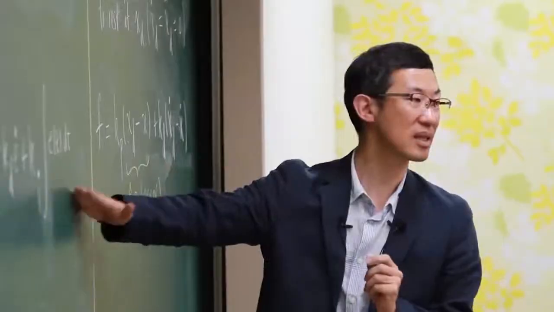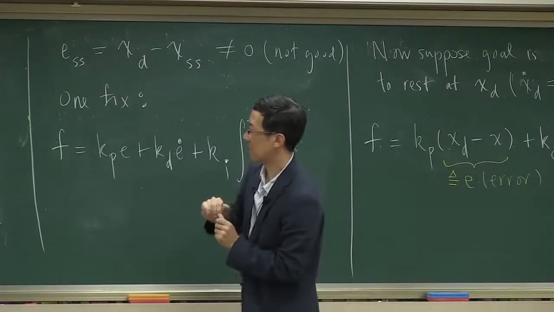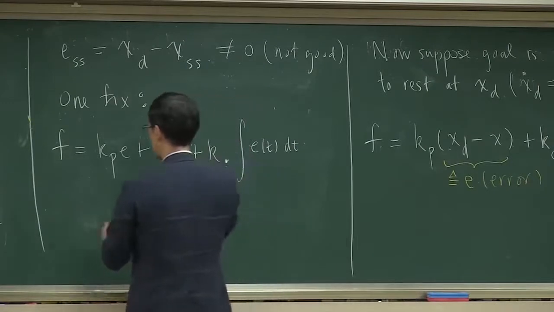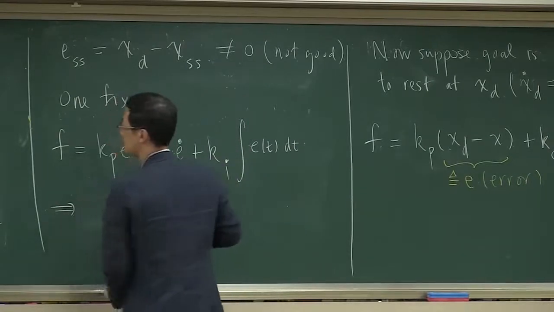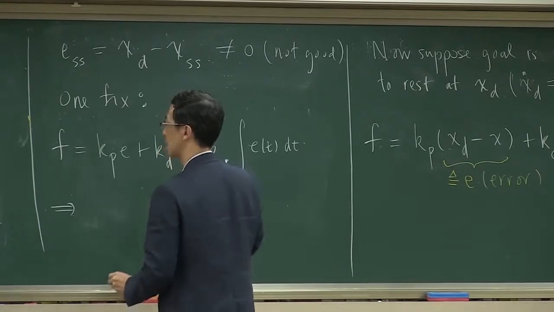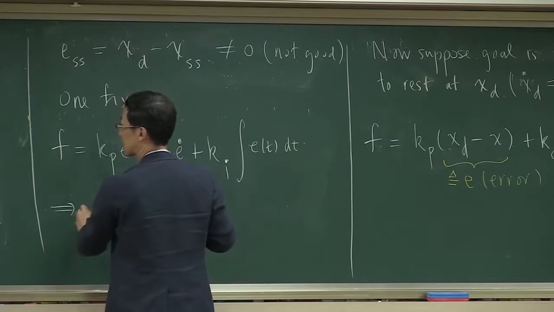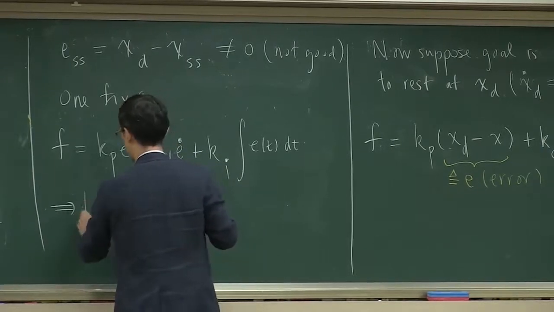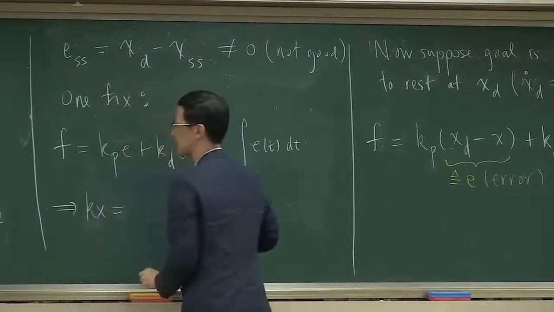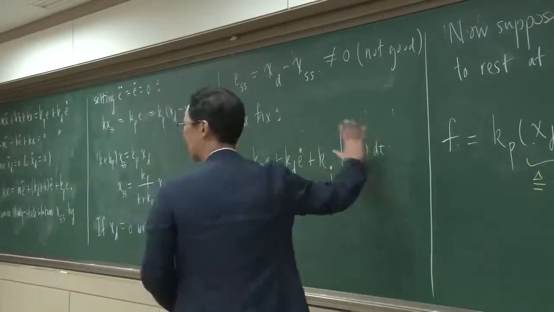Now, if you add this integral term and put it back into the equations, what we get is kx, the same right-hand side, but now we have this term added.